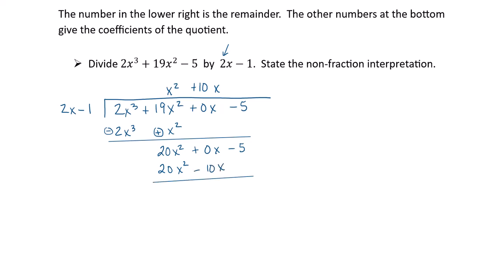We draw our line, change our signs, and combine down. My 20x squared and negative 20x squared cancel each other out. I get 10x minus 5.